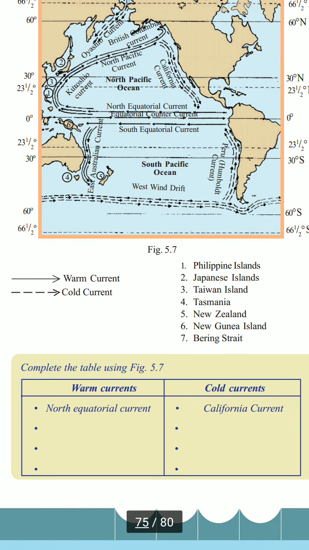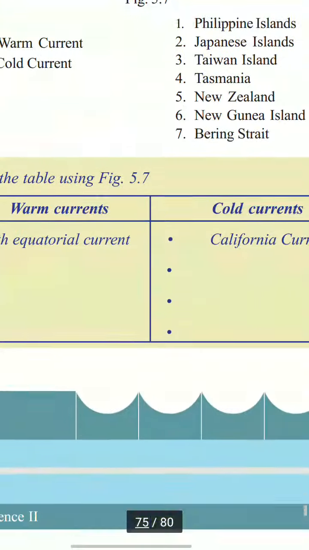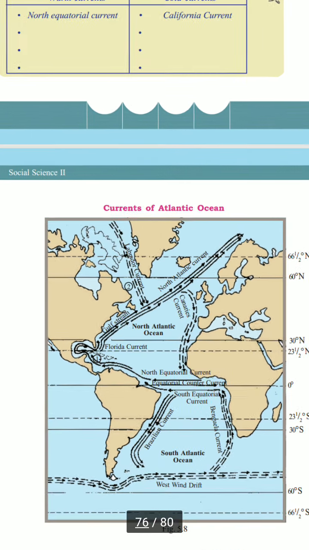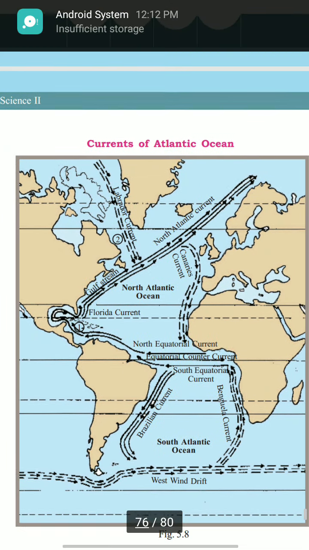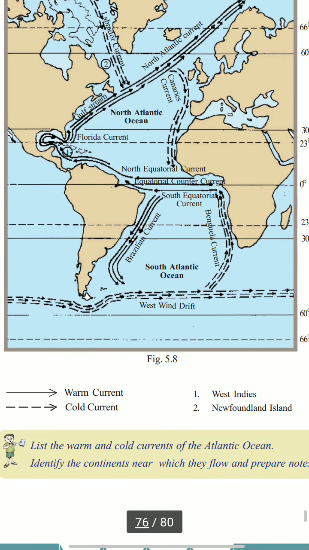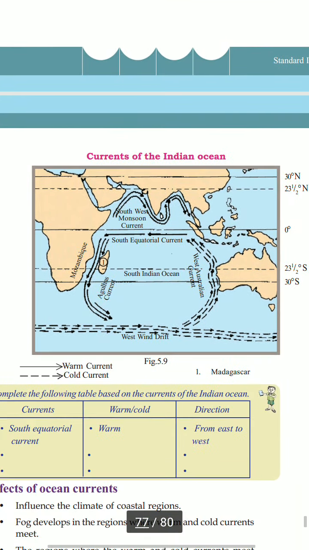Wherever the warm currents and cold currents are, try to complete those places and fill it in this table. Currents in the Atlantic Ocean, try to fill it. Currents in the Indian Ocean.